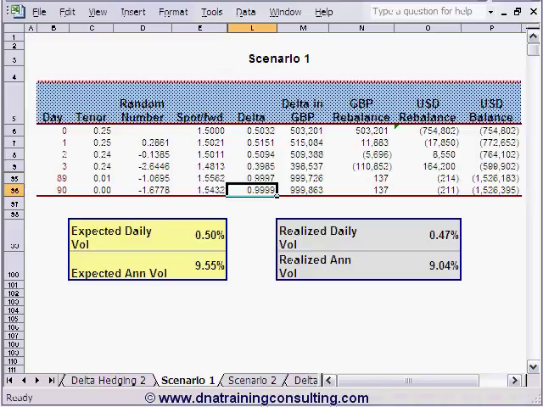So the trader ends up on this last day with just a few hours left when he does the last rebalancing on the morning of that day, shall we say, long almost exactly 1 million sterling. But of course the trader is also short the amount indicated in cell P96 of $1.526 million.